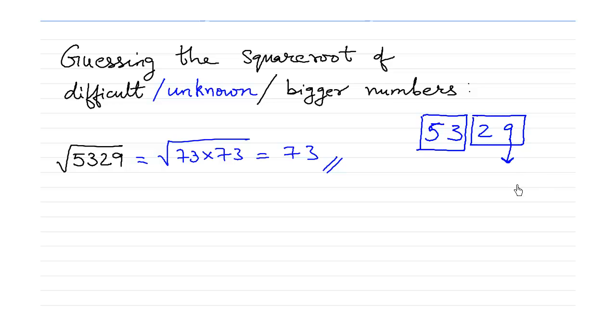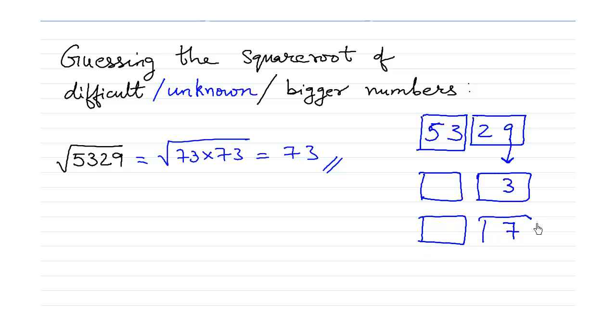So we know 3 threes are 9 and 7 sevens are also 49, because 1 one is 1, the last digit is 1, 2 twos are 4, the last digit is 4. But 3 threes are 9 and 7 sevens are also 49. So the last digit is 9 in case we have 3 or 7 in the units place. So our number has either 3 as the last digit or 7 as the last digit.